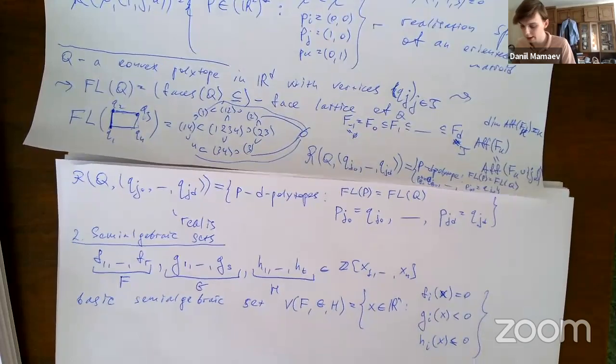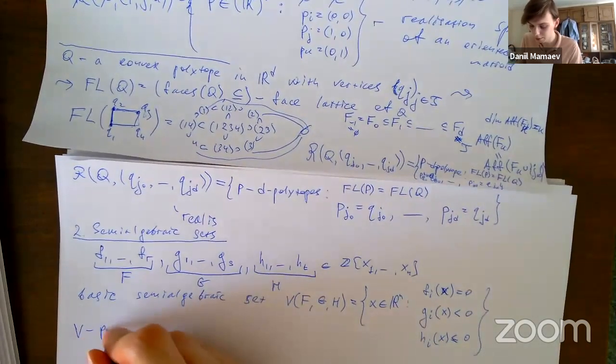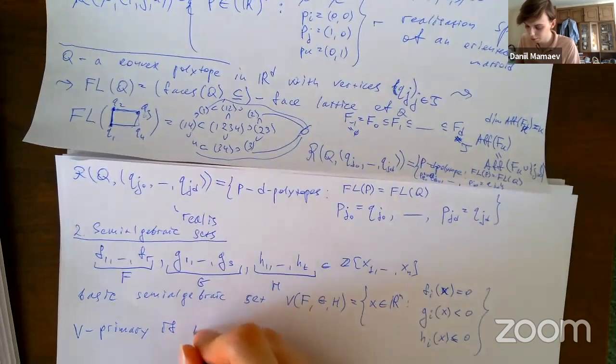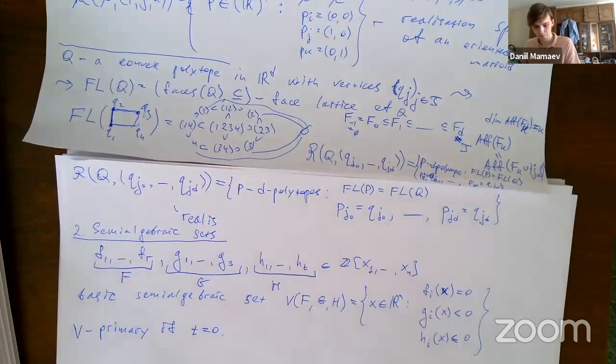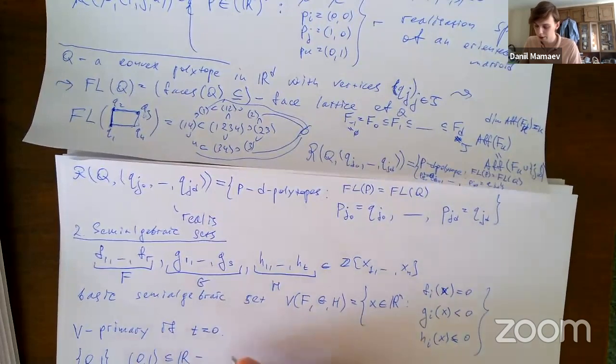This is a basic semi-algebraic set, and it is called primary if we don't have any non-strict inequalities.